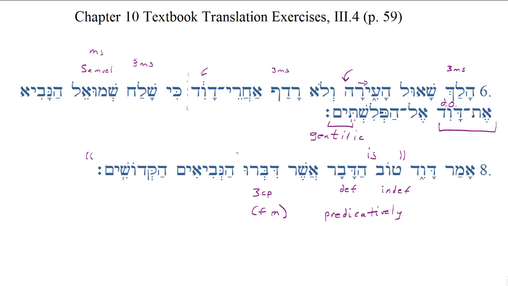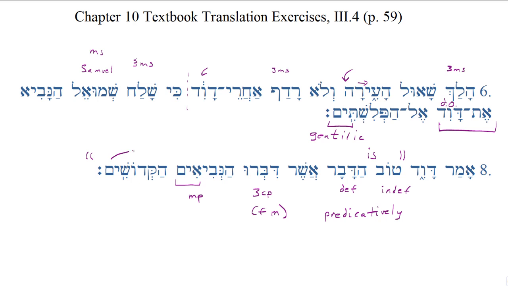Diberu, and we know that davar as a verb is to speak, so we're looking for a plural subject to see if one is there explicitly. And here we have haniviim, and so we have the masculine plural ending here on hanavi, which is the prophet, and so we have the prophets, and masculine plural matches the plural of the verb.